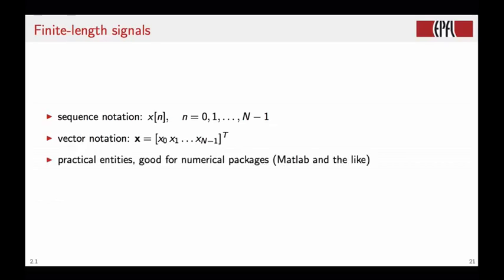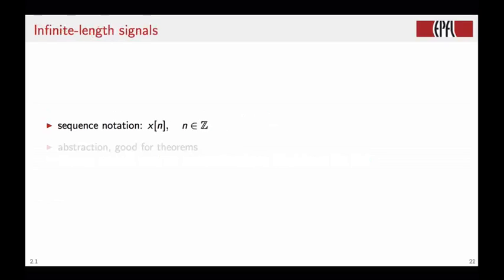Finite length signals or vectors are very useful, for example, in numerical packages like MATLAB and so on. Infinite length signals: we again have the sequence notation that we had seen before, and the index n now is from the integer set, meaning from -infinity to +infinity.